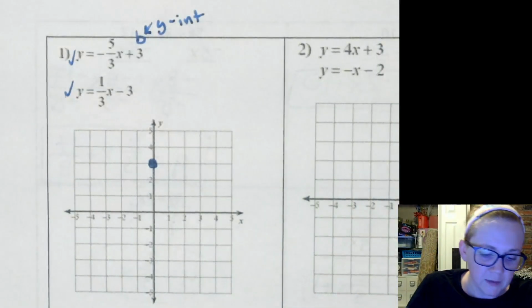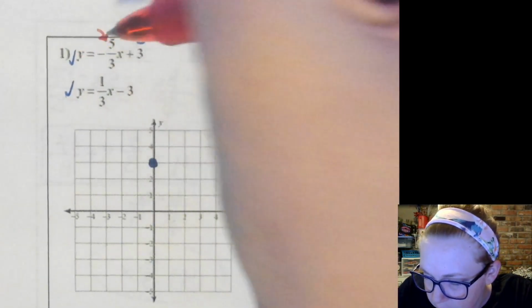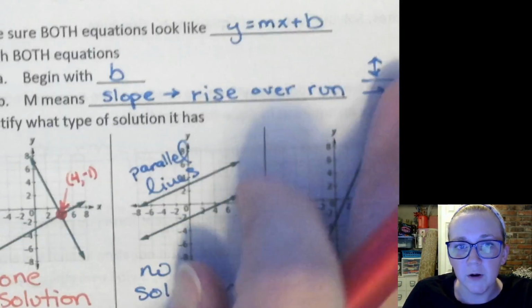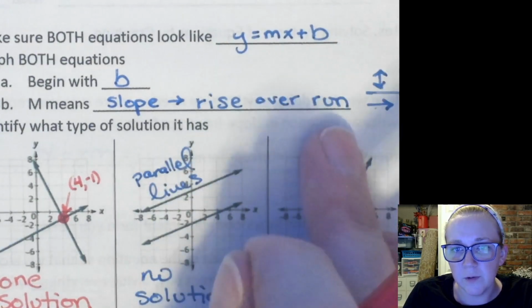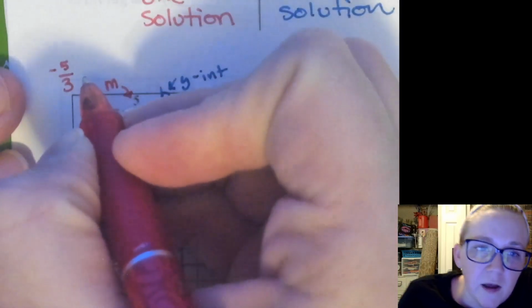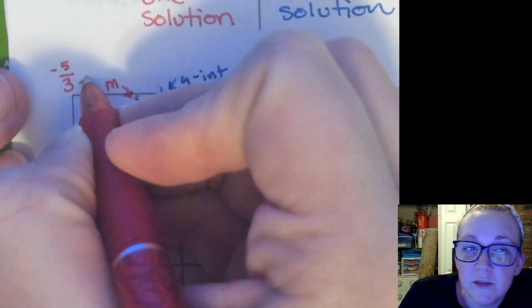Now, this -5/3, that's going to be your m value. Remember, m is your slope, or I called it your rise over run. It's how far up or down over how far over. They give you a fraction, so the bottom number is always how far you go to the right.